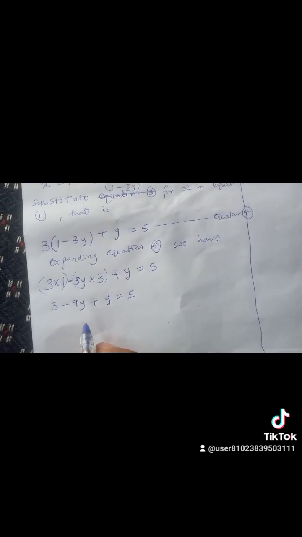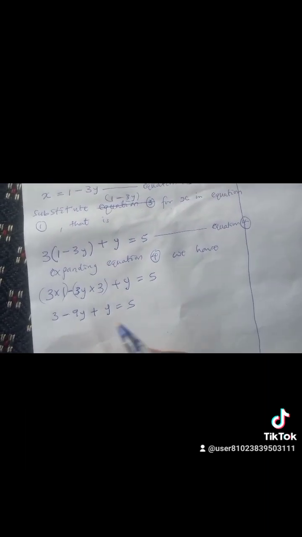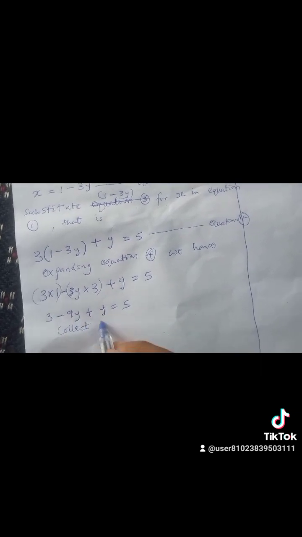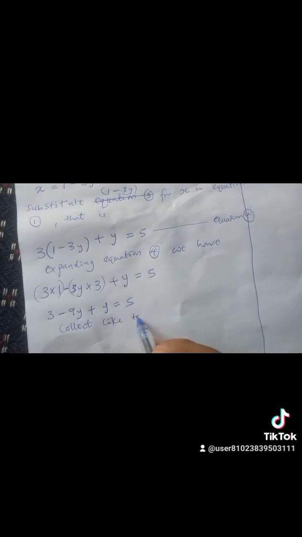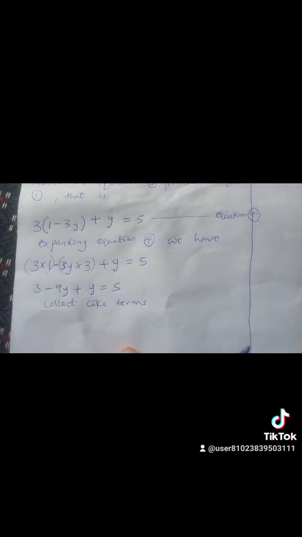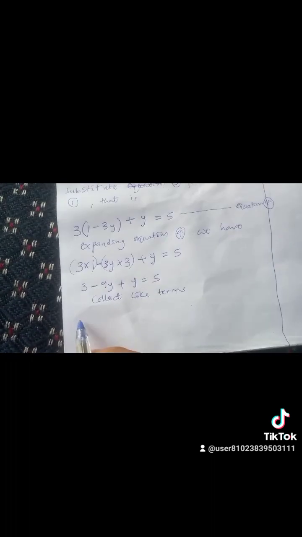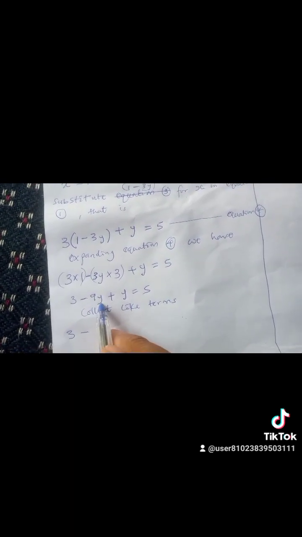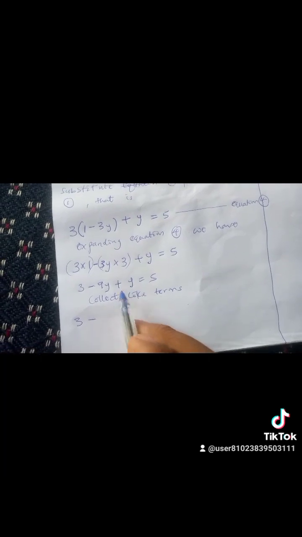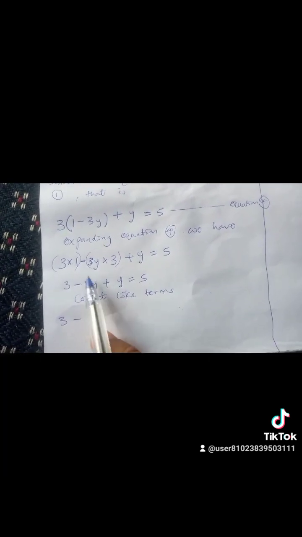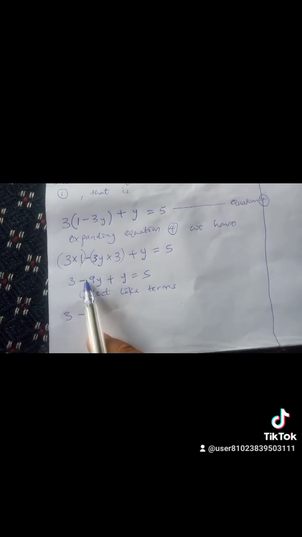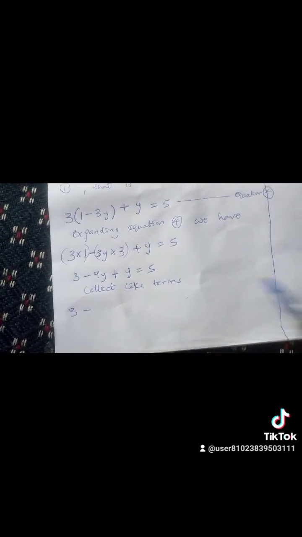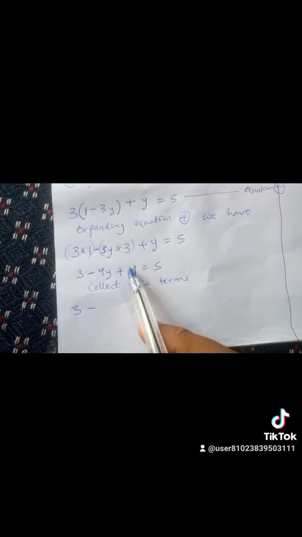We go ahead and simplify, or collect like terms. We already explained what this is in our previous video. That will be 3 minus 9y plus y. This can be seen as you are owing somebody 9 naira, for those of us in Nigeria, and you are having 1 naira, y naira.